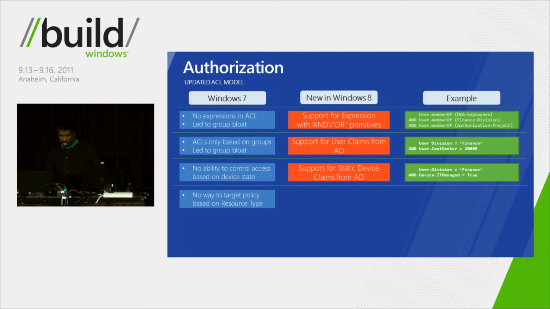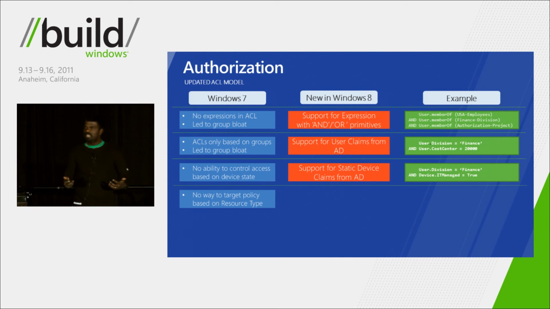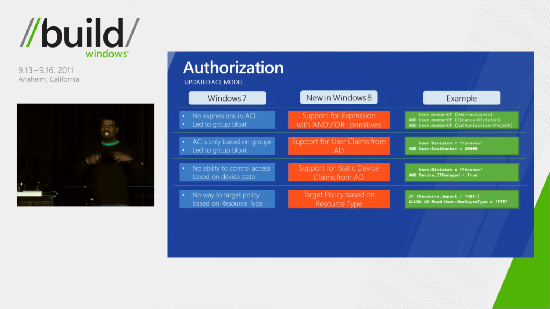Now, policy is great, but one of the problems is that in terms of finer-grained access control, you never had the capability. You had to figure out your own partition scheme. What we've done, as I mentioned, is that tagging of data is a very key pivot in how we're thinking about this. We've taken the notion of being able to use a resource type and say this policy only applies to data that has been marked as sensitive, or data that's marked as PCI, data that's marked as PII.